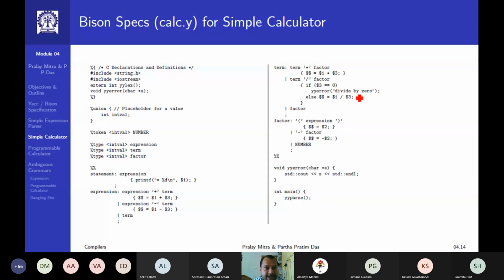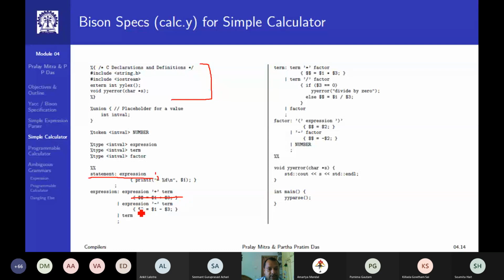You see, first of all, let us identify the similarity with the previous calc.y. Then we will go to the extra part. This part is exactly the same as the previous one. Now, there are some changes here. I will come to them last. It was statement colon expression semicolon. It was expression plus term.